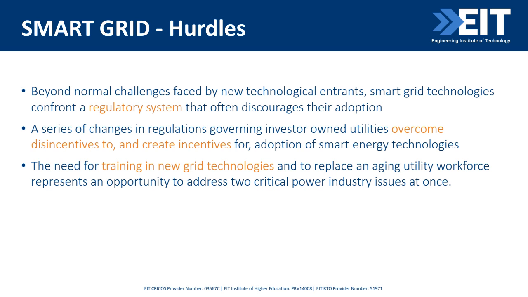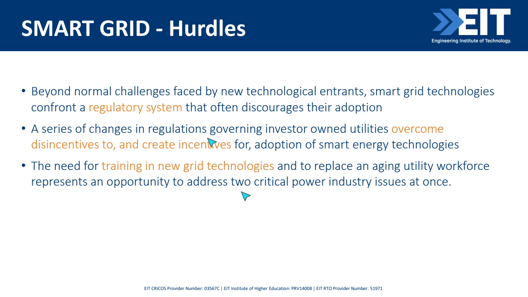There are a lot of utilities which are trying to overcome disincentives and create incentives so that we can have smart energy technology. But the most important thing is that we need to train new grid technology. Remember, the workforce is aging, and there are two things that we have to solve: the comms issue and the power issue. So two critical things in the power industry today.